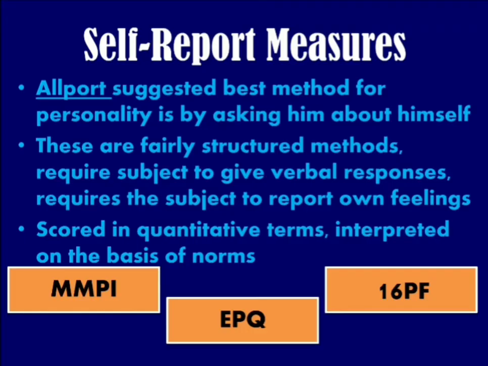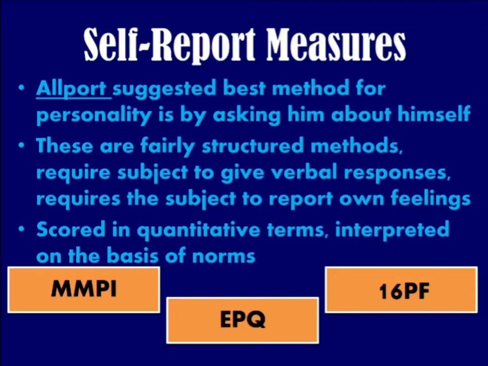Moving on. Self-report measures. Now, Gordon Allport said that when we have to understand the personality of a person, the best thing is to ask the person about himself or herself. Now, these methods are fairly structured, which means that they follow a set procedure. They require the subject to give responses verbally, and they also require the subject to report his or her own feelings.